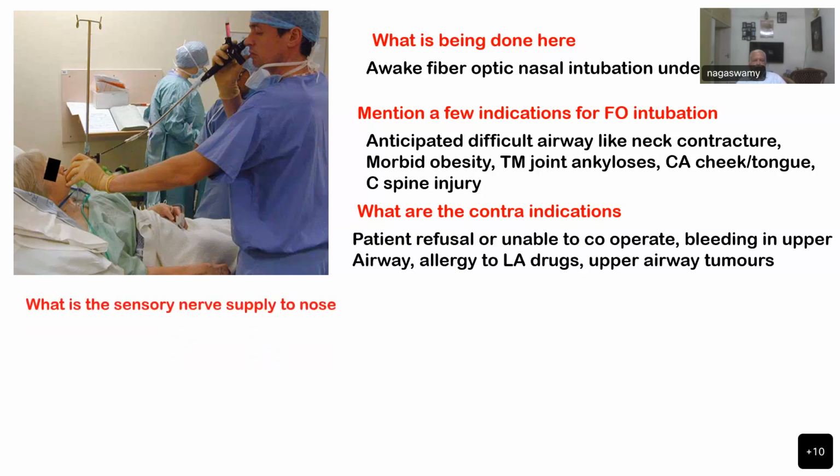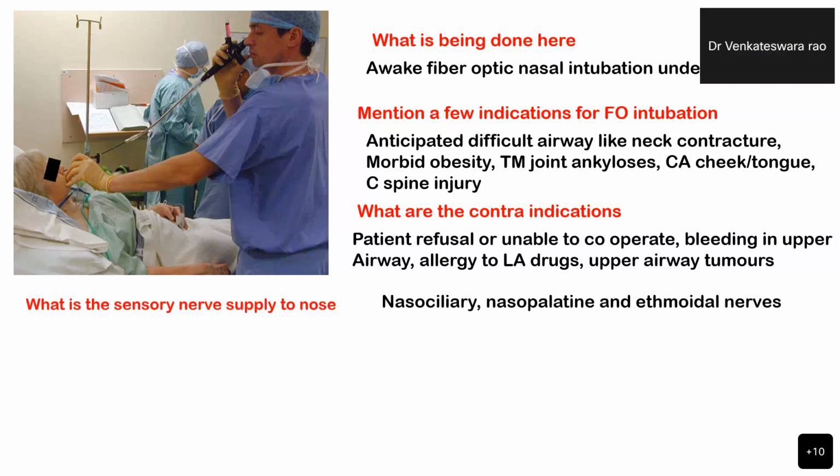What is the sensory nerve supply to the nose? Maxillary branch of the fifth cranial nerve. Maxillary branch of trigeminal nerve, sir. Anterior ethmoidal nerve, posterior ethmoidal nerve. Then, more important than that, nasociliary, nasopalatine, and ethmoidal nerves.